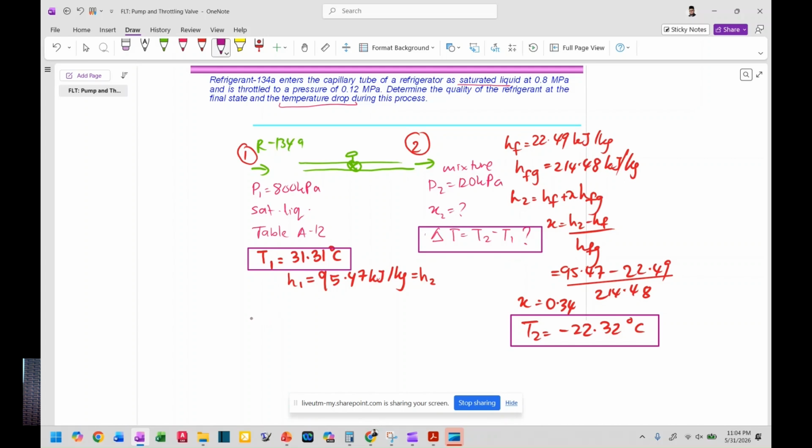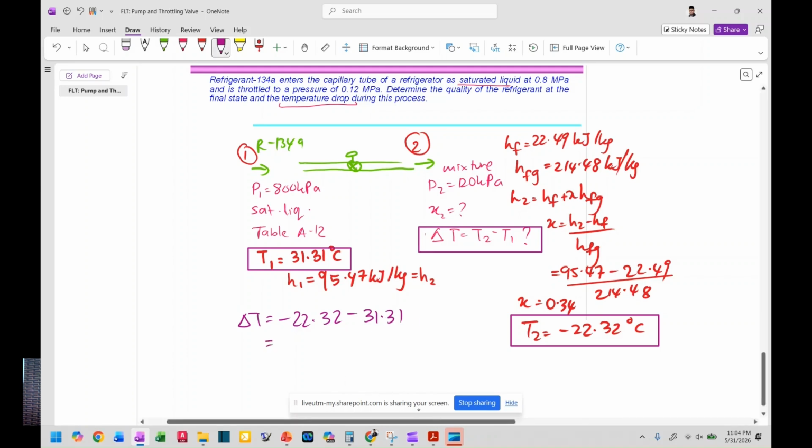It's final temperature minus initial temperature. So we have minus 22.32 minus 31.31. Okay, so that will be, I think, around 2 plus 1 is 3, 3 plus 3 is 6, 2 plus 1 is 3, 2 plus 3 is 5.